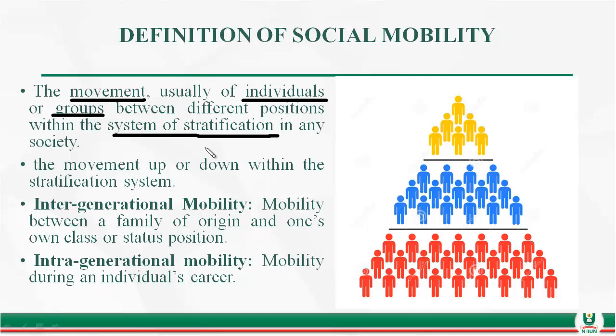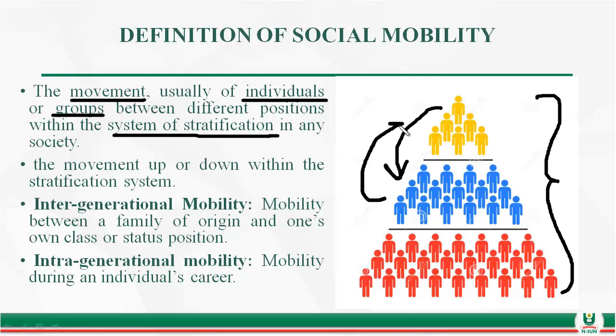system of stratification. Remember, we had talked about social stratification, right, where we have different strata right here. So the movement of individuals within this stratum, within this strata, these different levels of stratification is what is called social mobility, right?